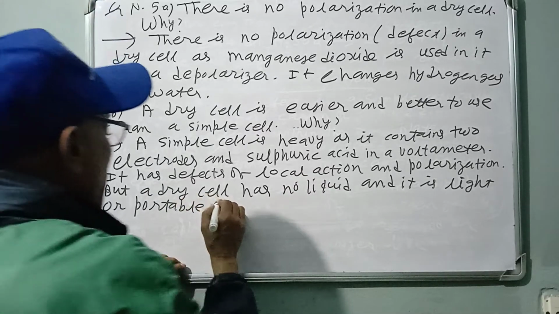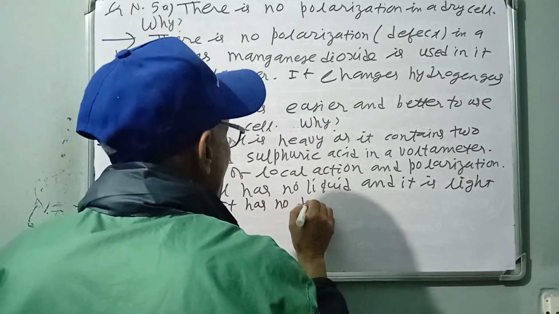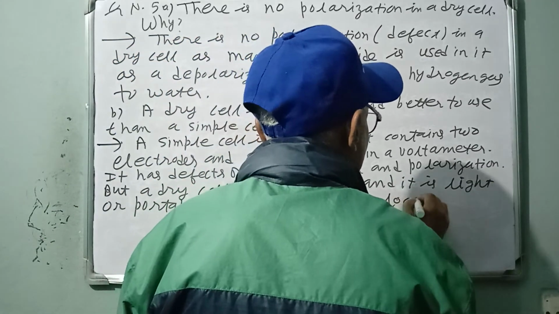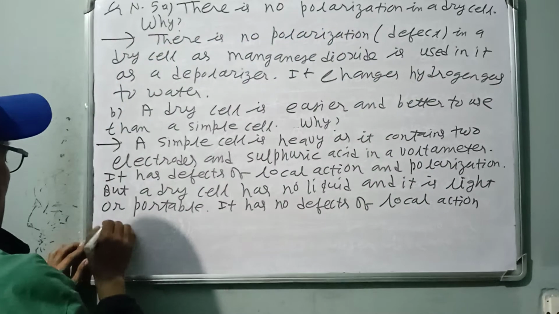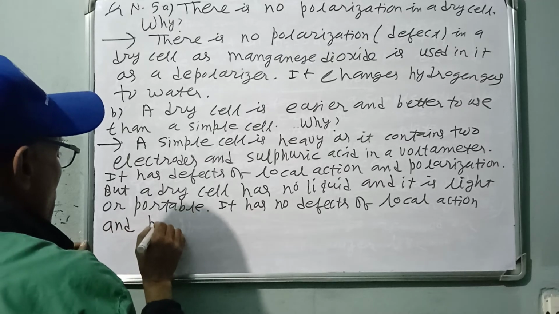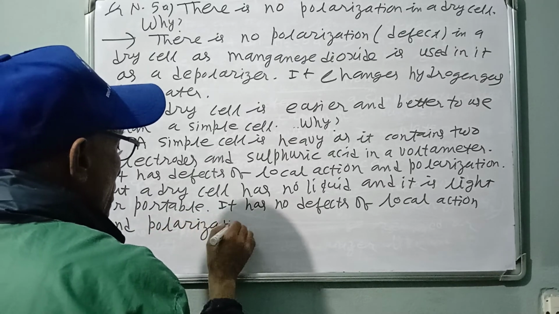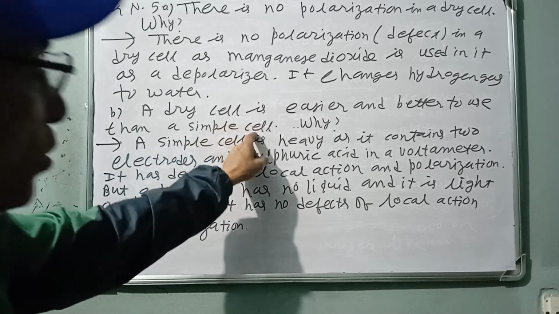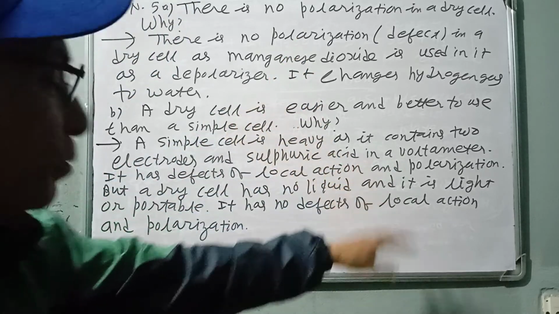And another, it has no defects of local action and polarization. And one more thing: a simple cell has 1 volt, it has defects, it is heavy, it has liquid.